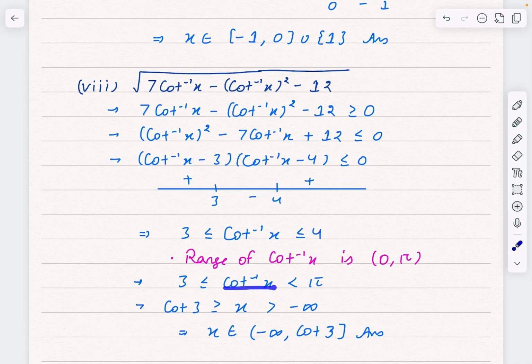So we get cot inverse x should be greater than or equal to 3, less than pi. If I take cot to other sides, again, cot is a decreasing function, so the inequality will change. So we get cot 3, and this will become minus infinity because cot pi will be minus infinity. So x comes out to be between minus infinity and cot 3, minus infinity open, cot 3 closed.